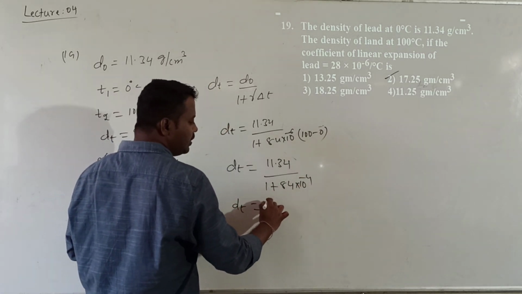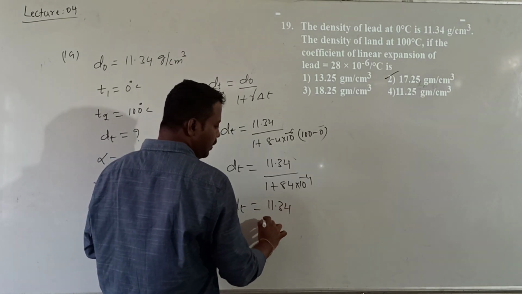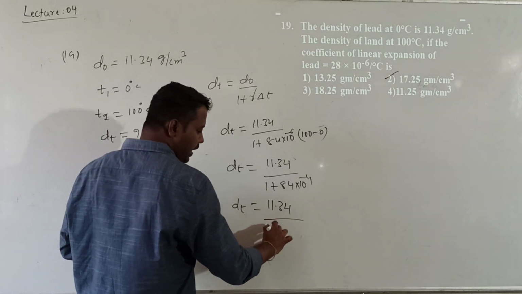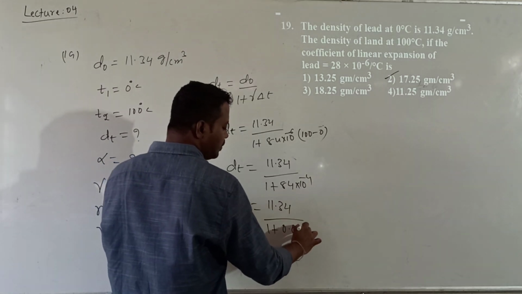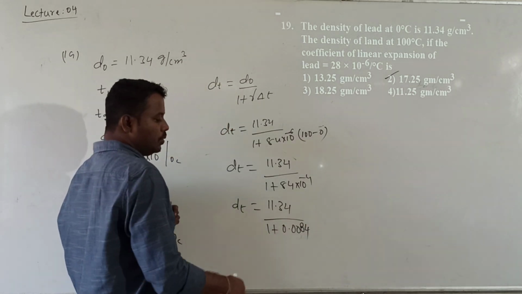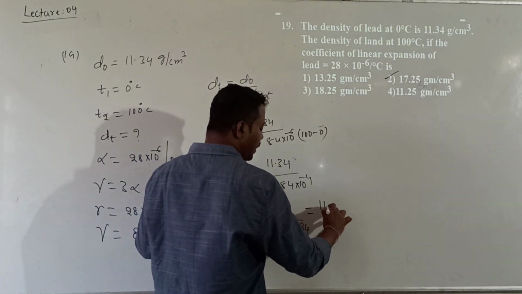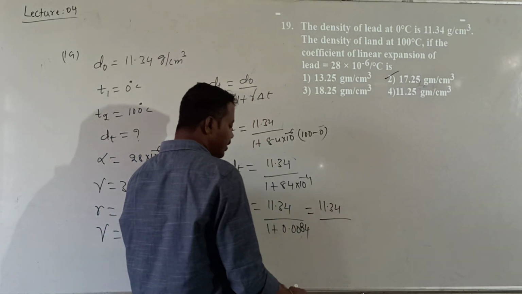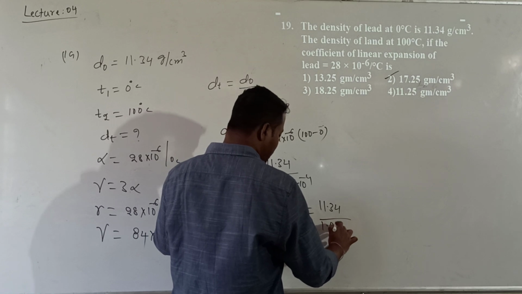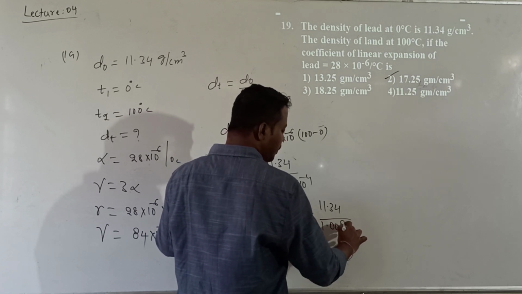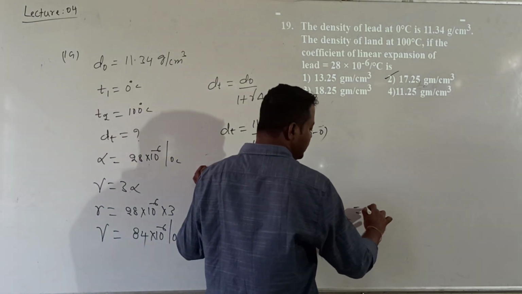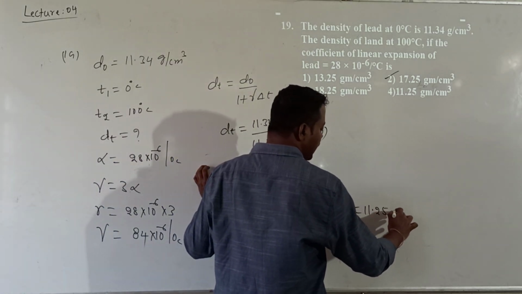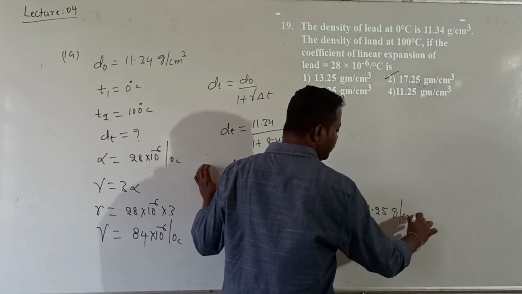So Dt is 11.34 divided by (1 plus 0.0084), which is 11.34 divided by 1.0084. The answer is about 11.25 gram per cubic centimeter.